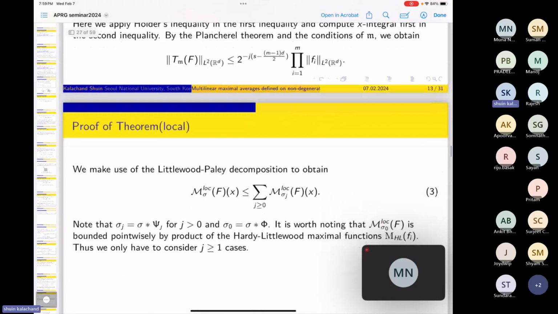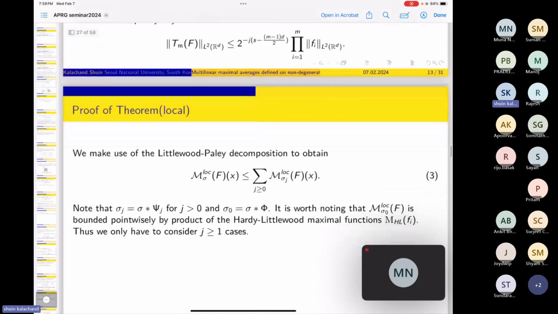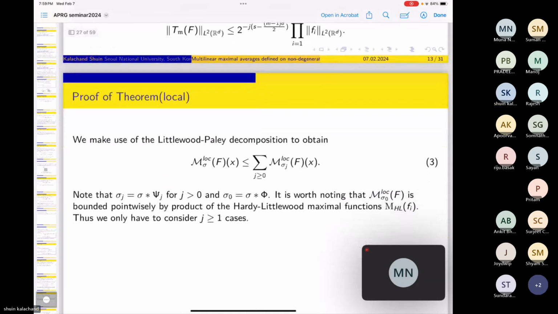Now we need to prove the estimate for the local maximal function. So first, using the Littlewood-Paley decomposition, we can dominate the local maximal function by the sum of all these M_loc sigma j, where sigma j is defined by the surface measure sigma convolved with psi j, and sigma 0 is nothing but sigma convolved with phi.